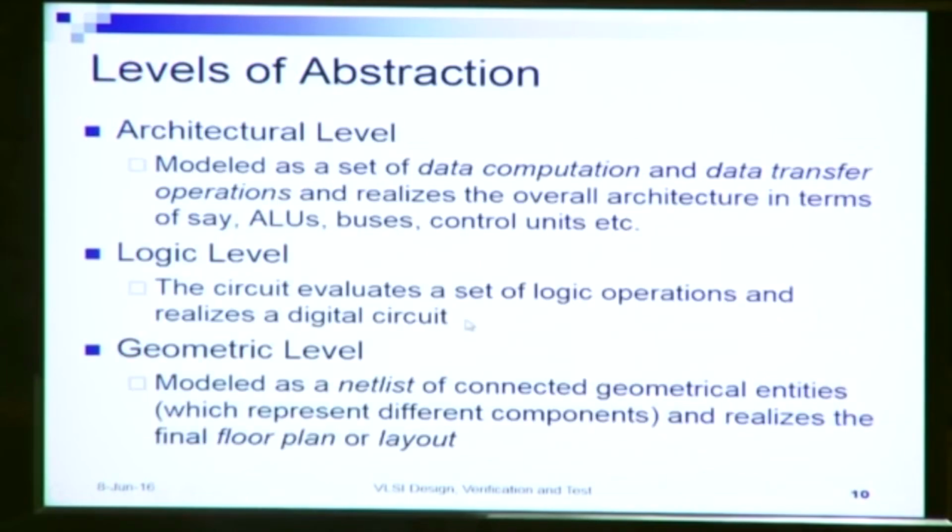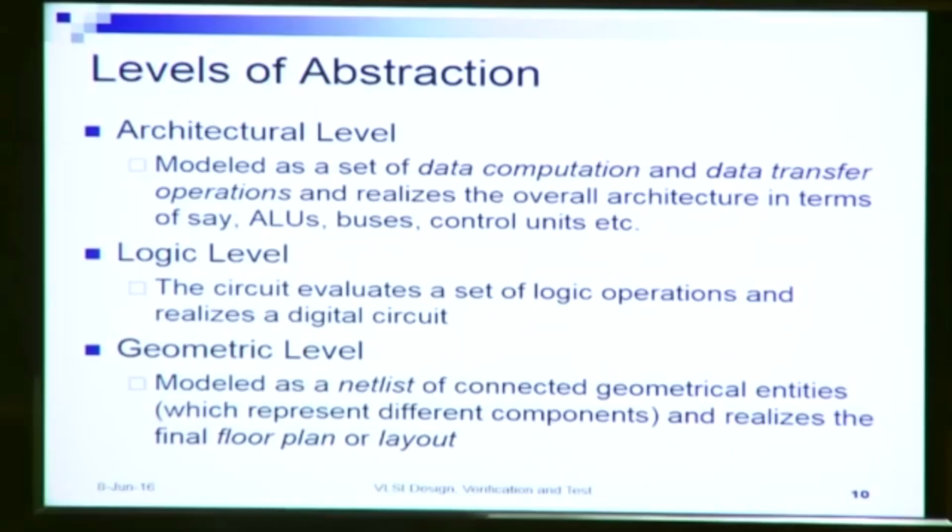So let us quickly now take a look at what these fundamental levels of abstraction are. The first is the architectural level of abstraction. At the architectural level, the circuit is modeled as a set of data computation and data transfer operations. So this is the behavior or the function.